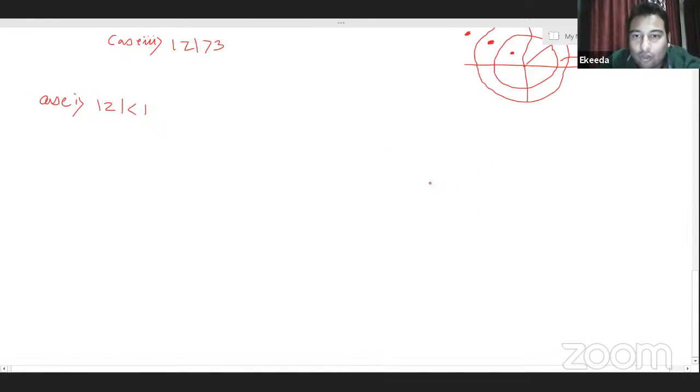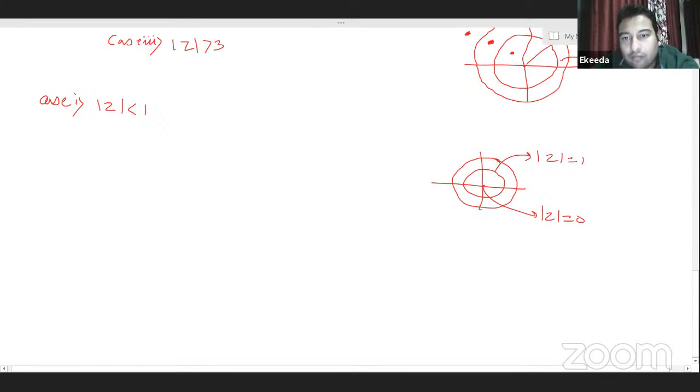That means in all the 3 cases, you need to draw the ROC. Here it is mod z equal to 0. Here mod z is equal to 1. And finally, outside mod z equal to 2. So basically, in the first case, we are talking about this ROC.